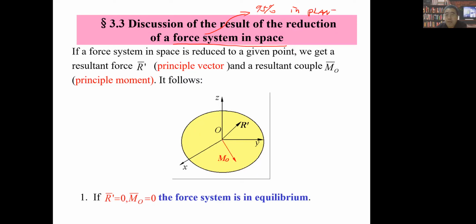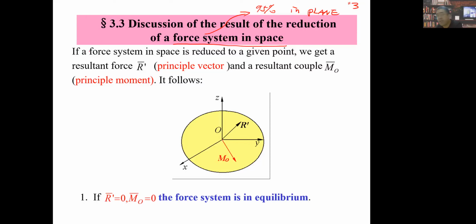So you will find that if a force system is plane, the equation will reduce from 6 to just 3, and it's quite easy to understand. So please just listen to me and try your best to understand. If you cannot, it's okay. Don't worry about that, right?